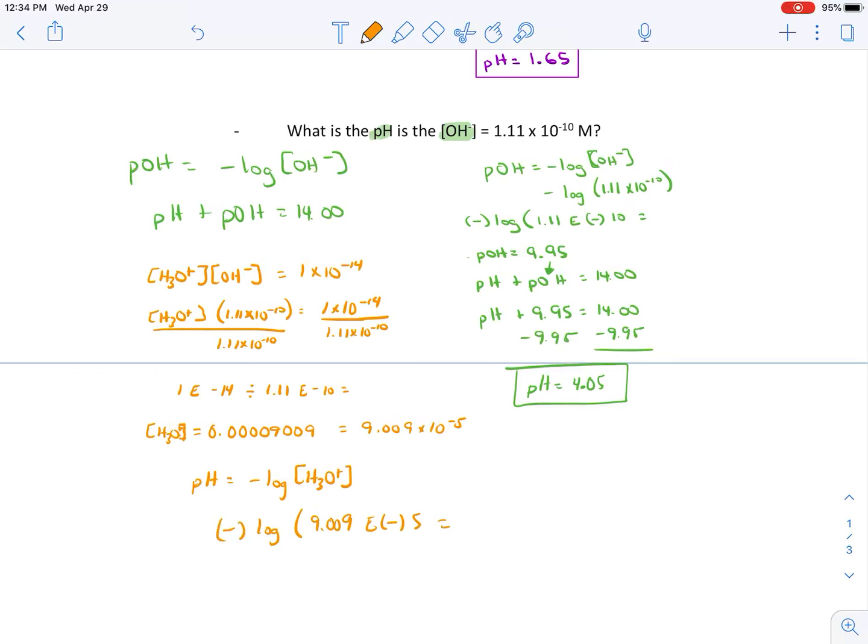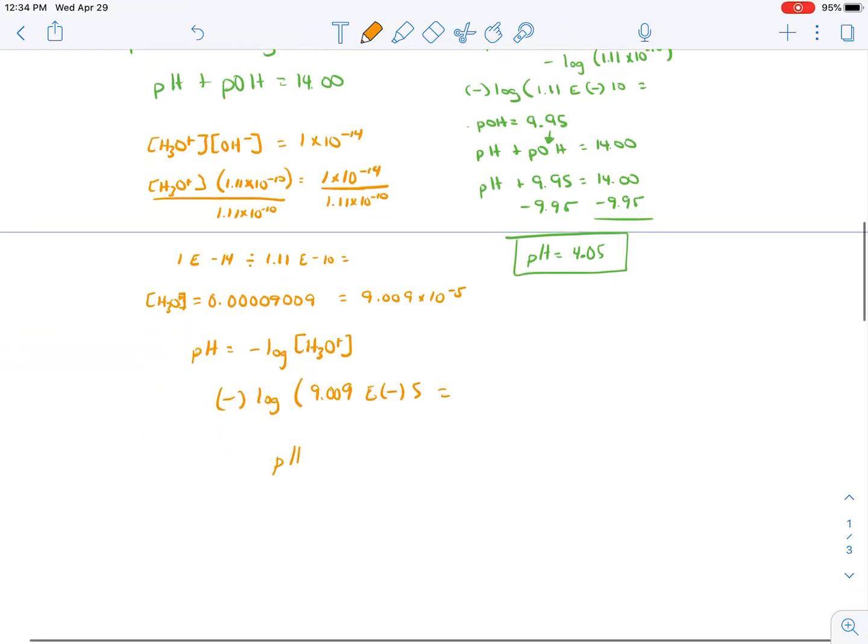And that'll be our pH. You should get the same answer, shockingly enough. pH equals 4.05. It actually says 4.045, but then you just round it up and you're there.